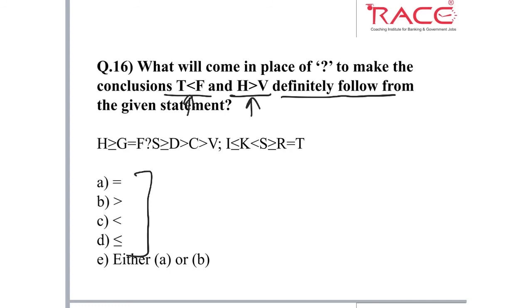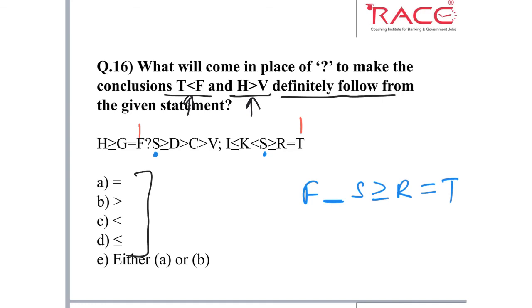Okay, so let's check. First we will mark this T and F. Here we have T, and here we have F. Okay, so these two are connected through this S. So if I write it separately, F question mark S, then greater than equal to R, then equal to T. So I have to make it follow.